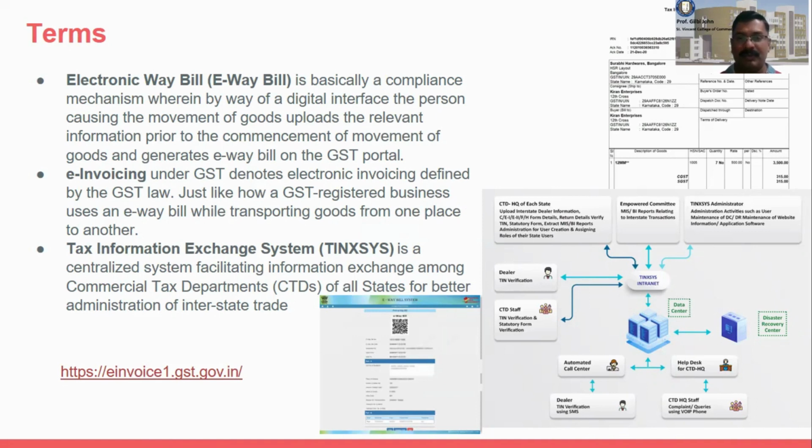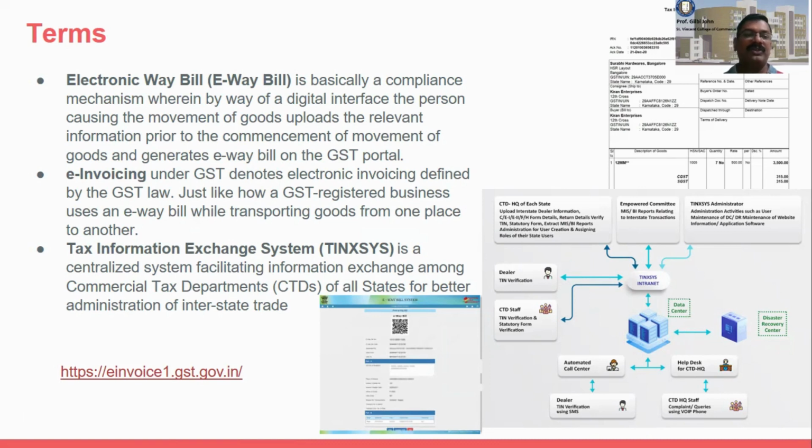Let's say, for example, a person is sending goods from Maharashtra to Delhi. The manufacturer or the producer or the person who is sending the goods will get into the GST portal and report and upload the necessary information. That is called e-way bill.